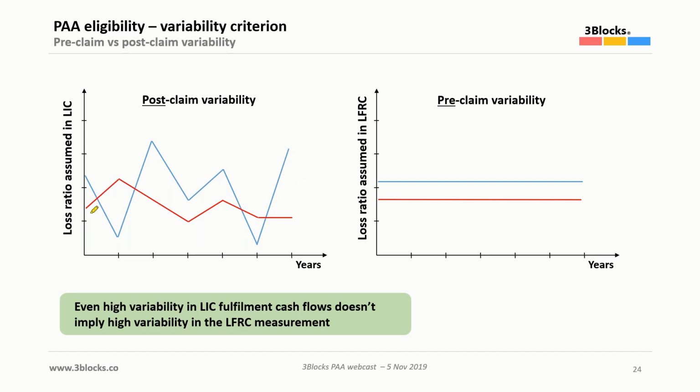So it's easy to conclude that high variability in claims implies high variability in the LRFC, which is not true, because even if we have high variability in claims, but on average it's on the same level, then there's no reason to change the estimate of future claims.